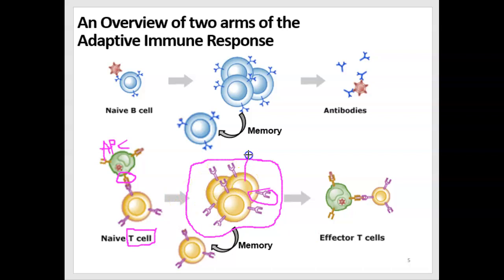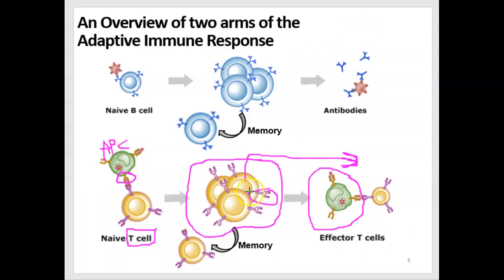Some of these cells are going to go out into the body and start recognizing other infected cells, maybe kill them, maybe tag them for further processing, and we'll talk about that later. But there'll be actual killing of your host cells that are infected by these T cells. That's okay, though. Your body can make more of the same cell type through mitosis.